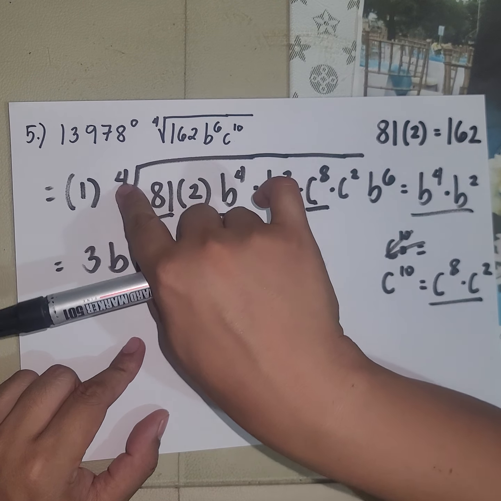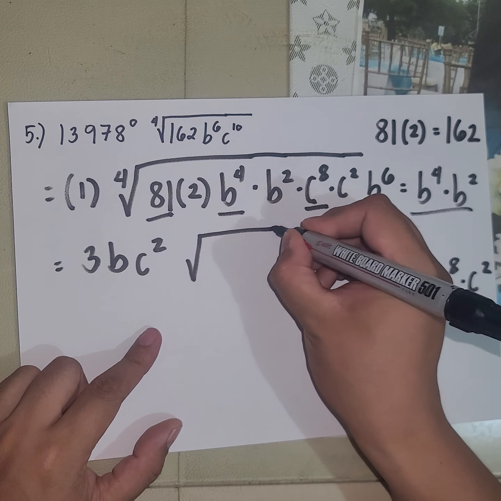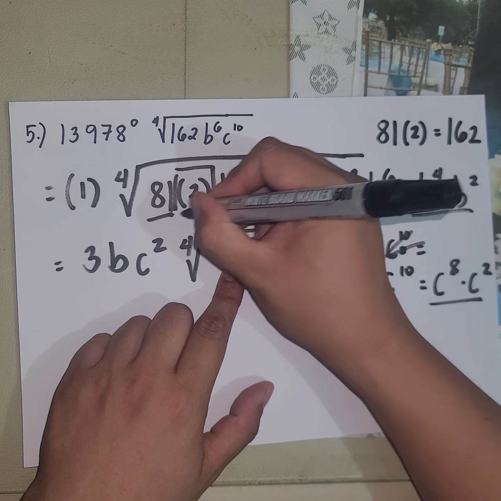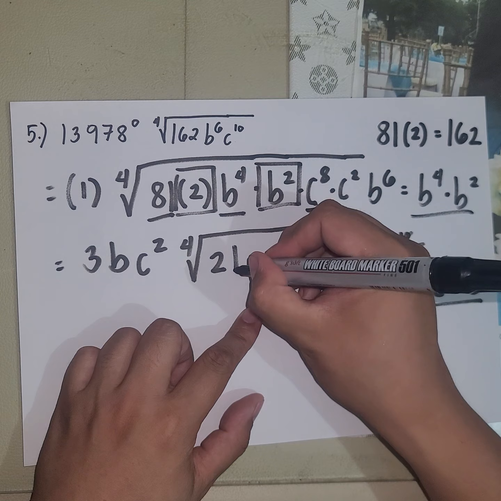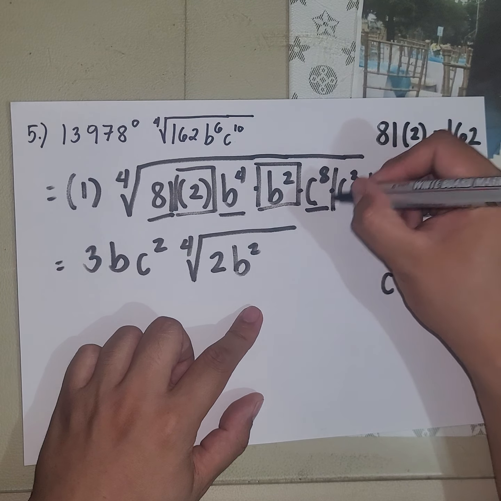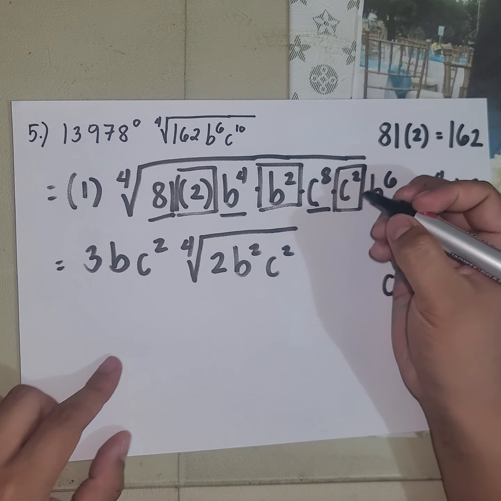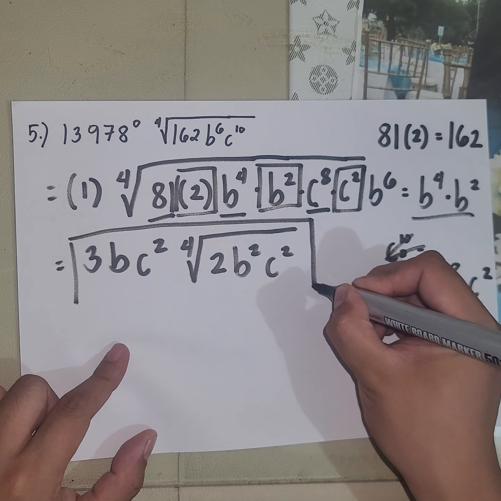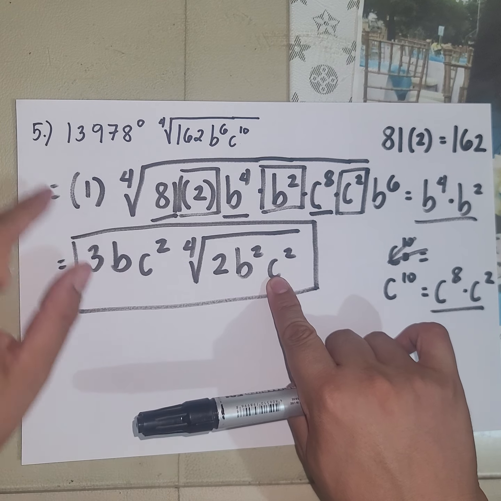Bakit? 8 divided by 4, that is 2. And then, copy the radical sign na fourth root. So, the fourth root of yung may naiwan, itong 2, copy 2, copy b squared, and then copy c squared. Okay, so the answer ay 3bc squared, fourth root of 2b squared, c squared.